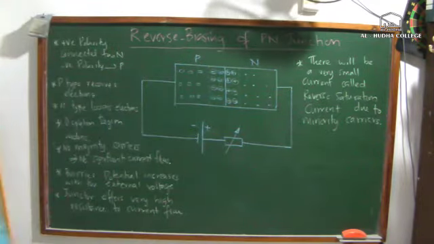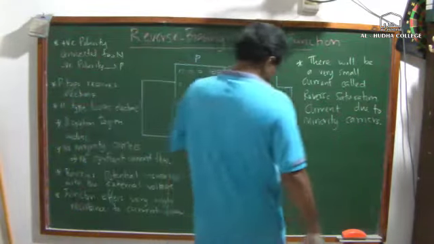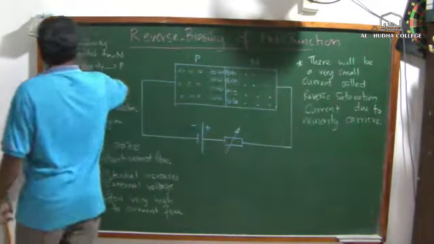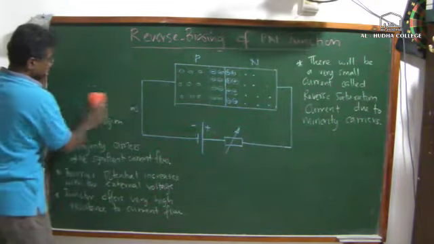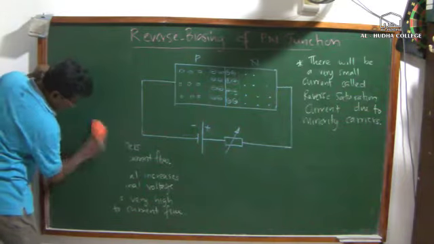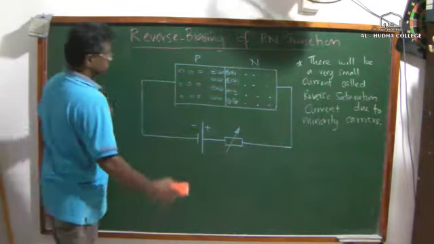So basically we have only two operations, the forward bias operation and the reverse bias operation.